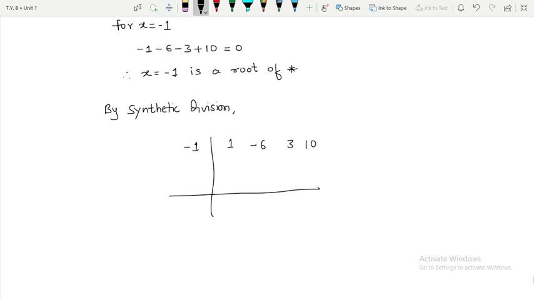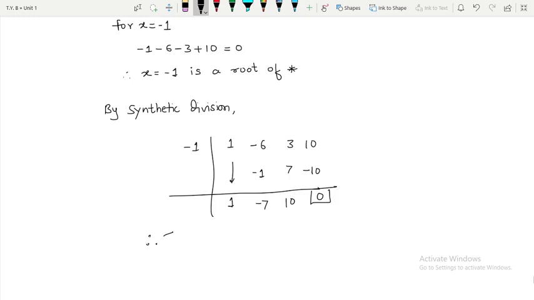So this 1 as it is, so 1 multiplied by minus 1 is minus 1, so it is minus 7, minus 7 multiplied by minus 1 is 7, so 7 plus 3 is 10, and 10 multiplied by minus 1 is minus 10, and remember you should get 0 over here. If you do not get 0, it means we have made some mistake in order to check that x is equal to minus 1 is a root.